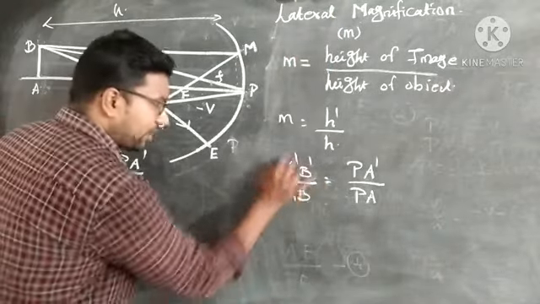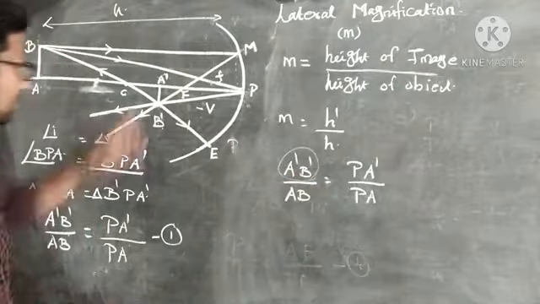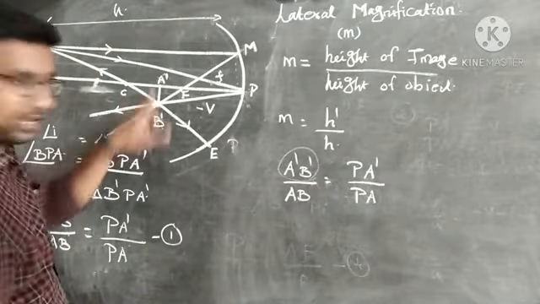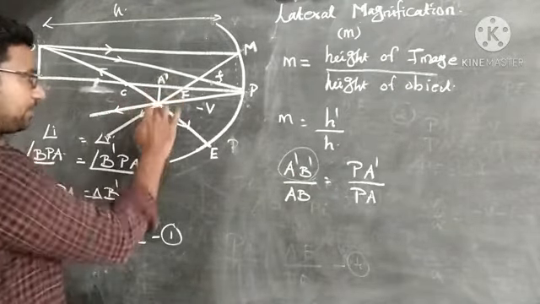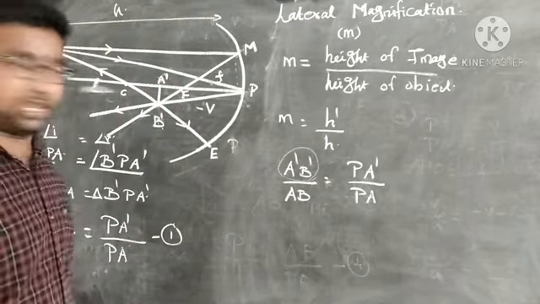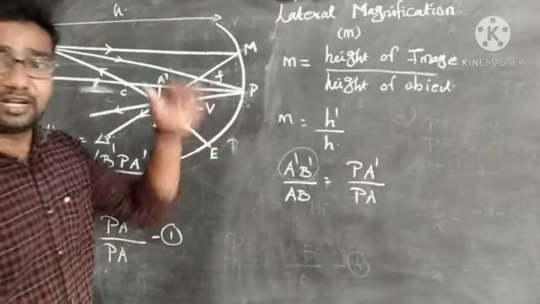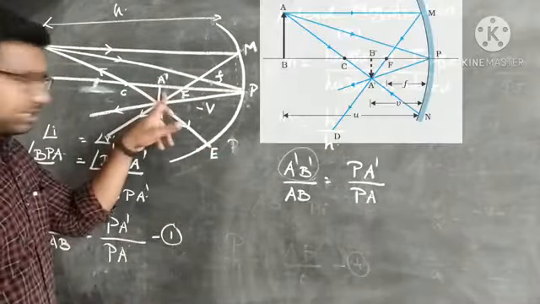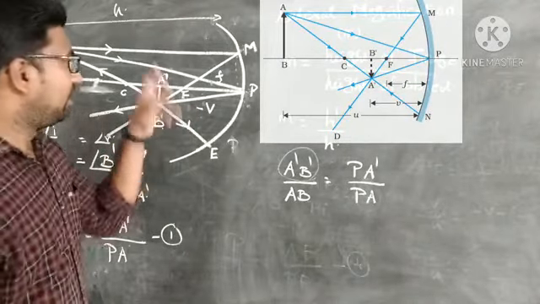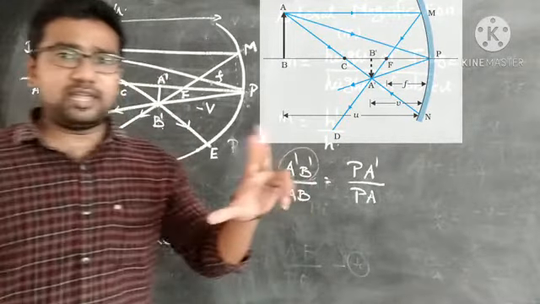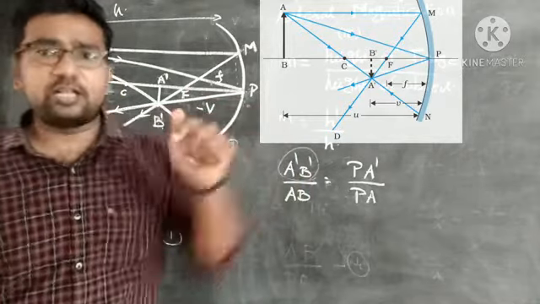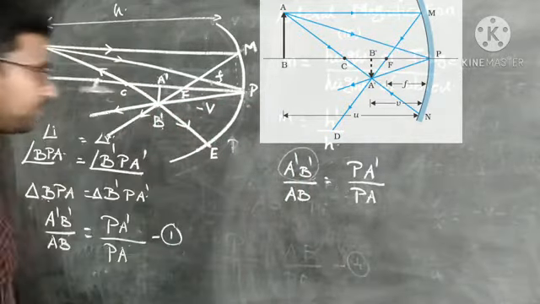What is the value of A prime B prime? This is the height of the image. So A prime B prime is the height of the image. It will be in the downward direction. According to the Cartesian sign convention, the height of the image is in the downward direction, so you should put the negative sign.